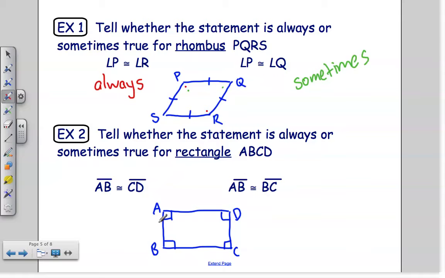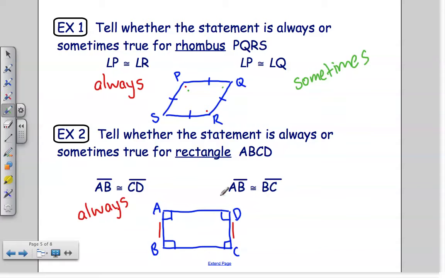AB congruent to CD. Here's AB, here's CD. Are those segments always congruent? Well, they're opposite sides, right? Opposite sides of a rectangle, yes, they're congruent all the time because the rectangle is also a parallelogram and the opposite sides were always congruent. So that's true no matter what.